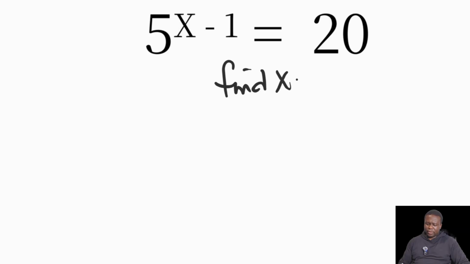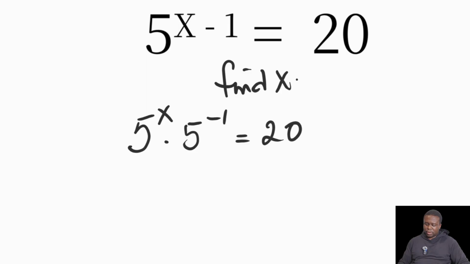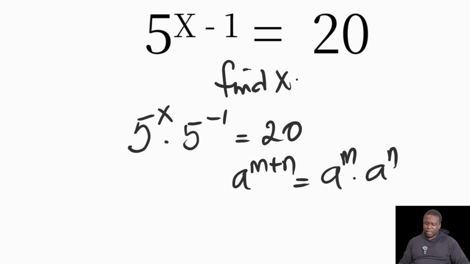So we have 5 raised to the power x times 5 raised to the power minus 1 equals 20. Now, we know that a raised to the power m plus n is equal to a raised to the power m dot a raised to the power n.